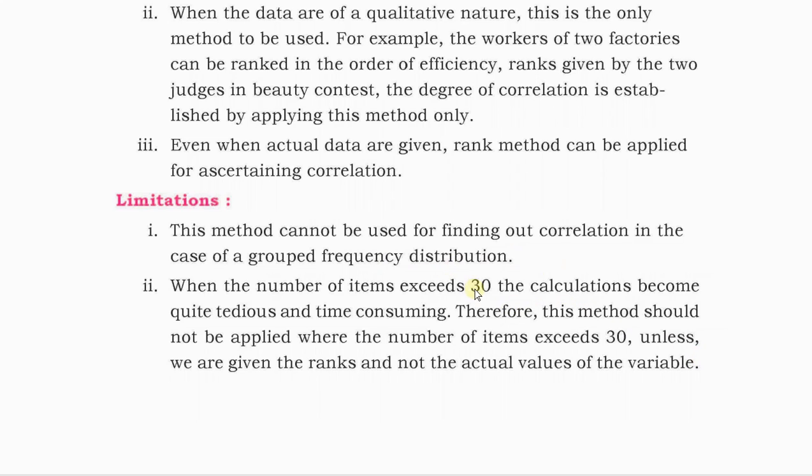After 30 values it becomes tedious and hectic. So if you are not given the ranks, then you should not apply this method, because ranking and then applying this method becomes quite tedious.